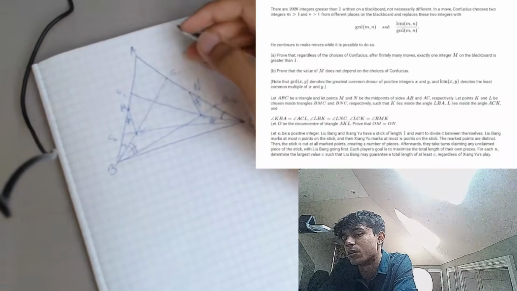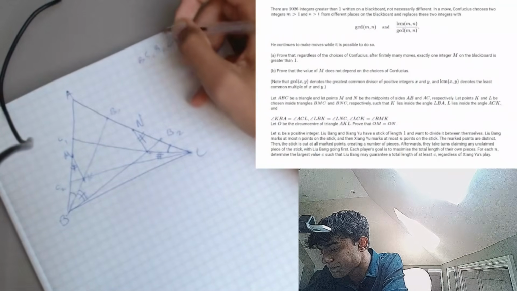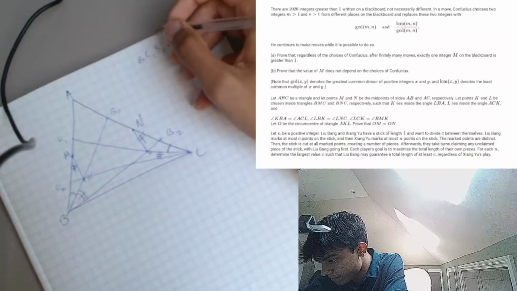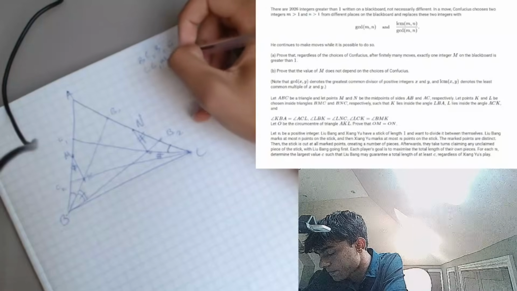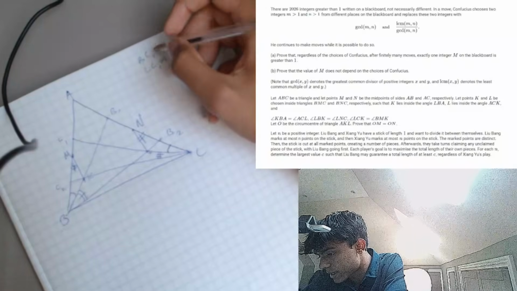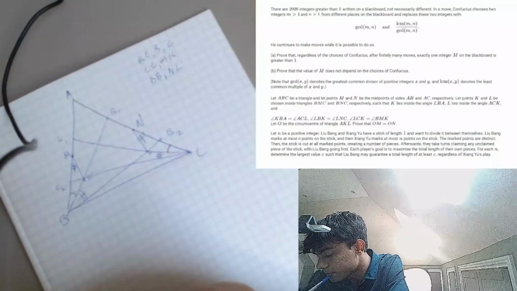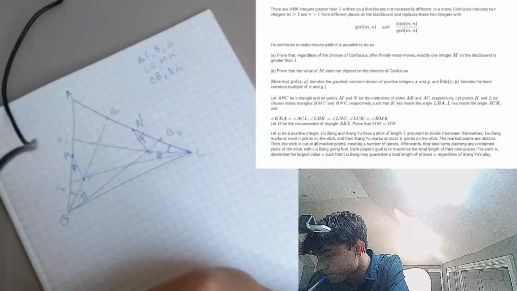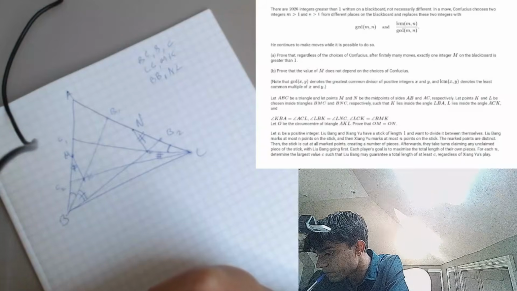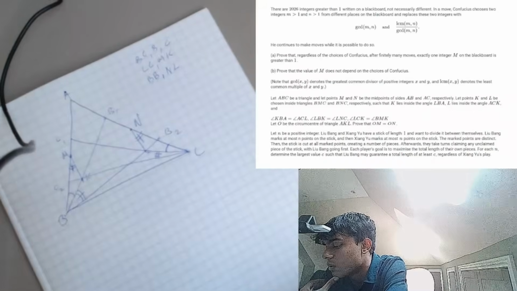Okay, so what are our cyclic quads? Our cyclic quads are BC1B1C, CC1MK, and BB1NL. And I think that's all we have.